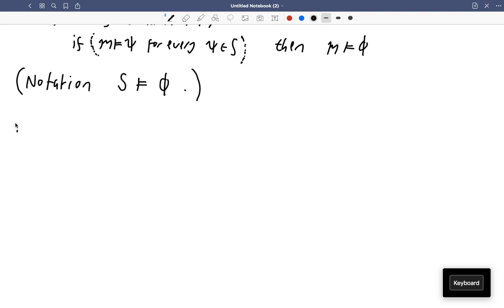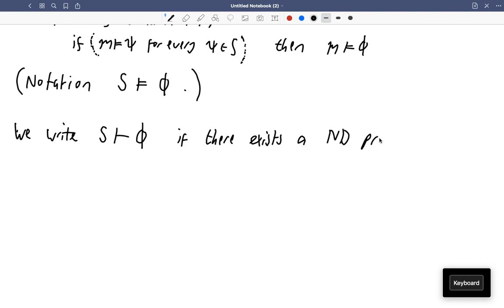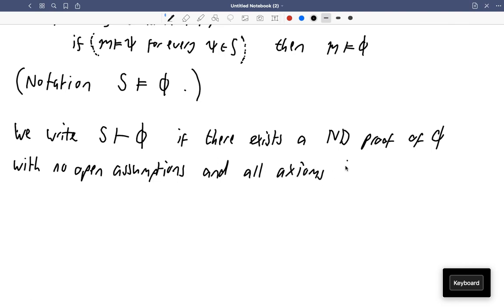So again, using the same turnstile symbol that we used for propositional logic, we write S turnstile phi to say that phi is provable from S if there exists a natural deduction proof of phi with, let's say, no open assumptions, and all axioms taken from the set S.